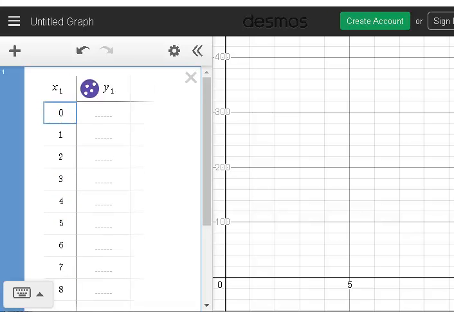At 0, we have 100%, then we have 89.1, then we have 79.4, then we have 70.7.